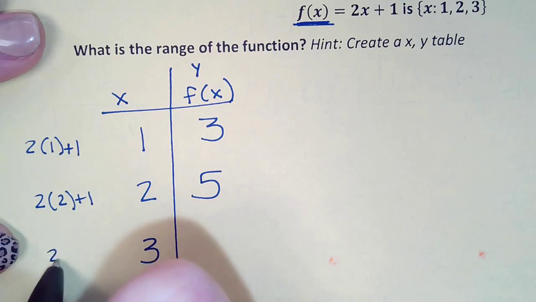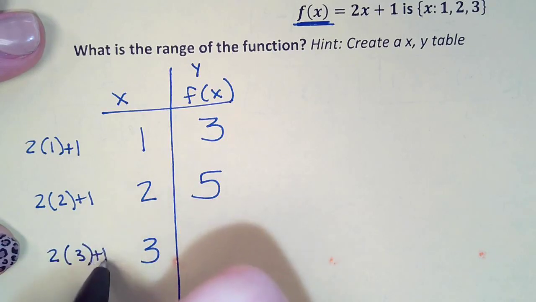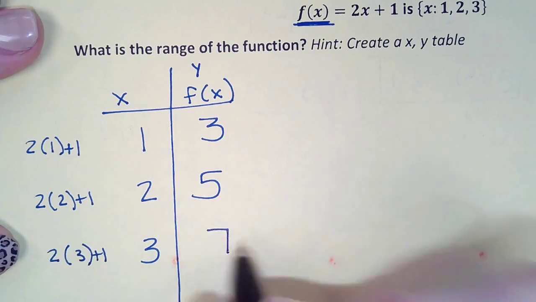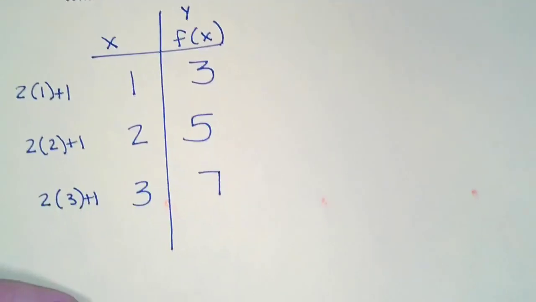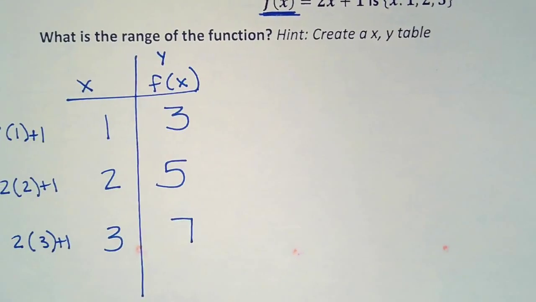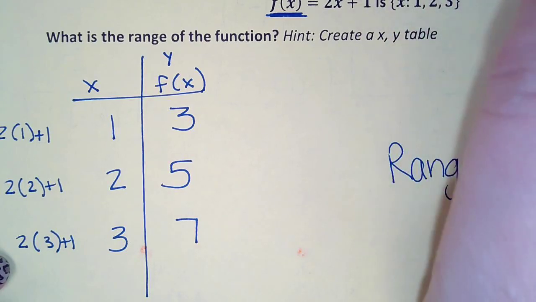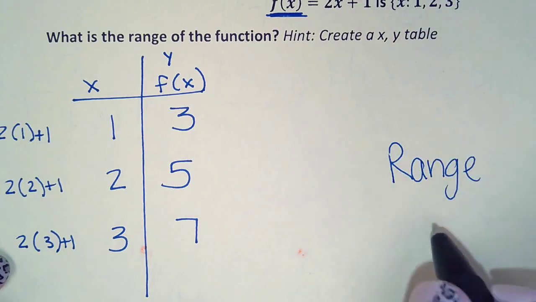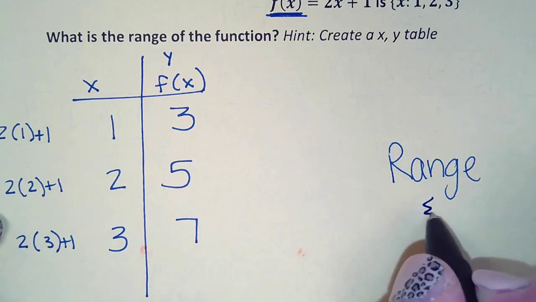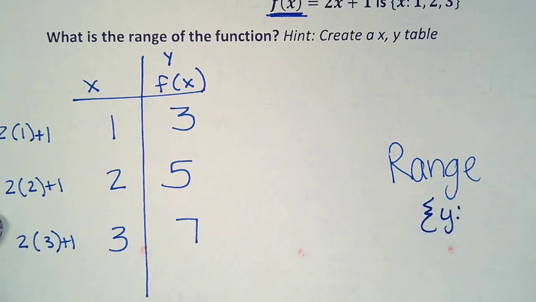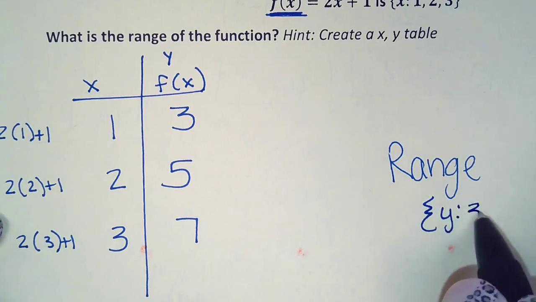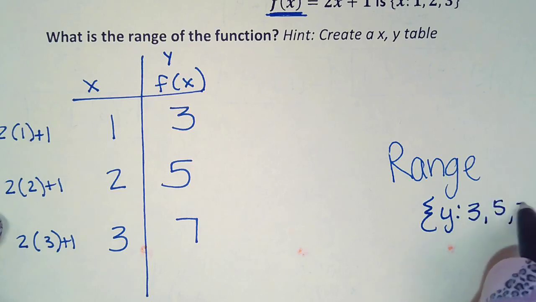Then I have 2 times 3 plus 1. 6 plus 1 is 7. Okay, so right now I can say my range is y: 3, 5, 7.